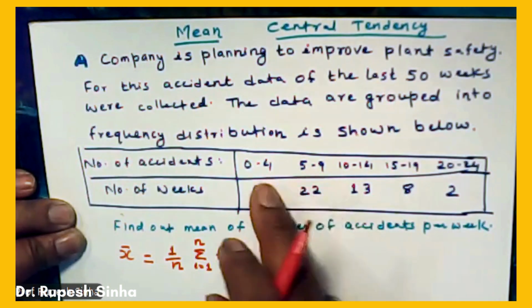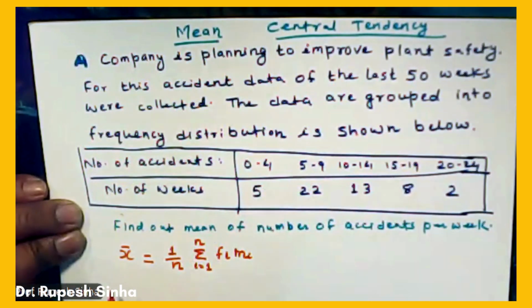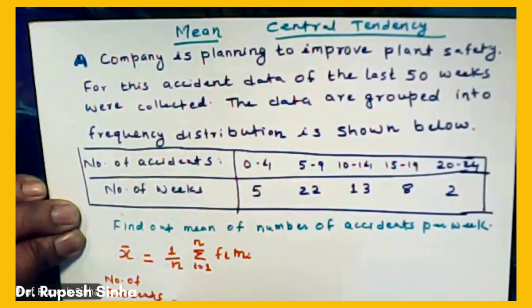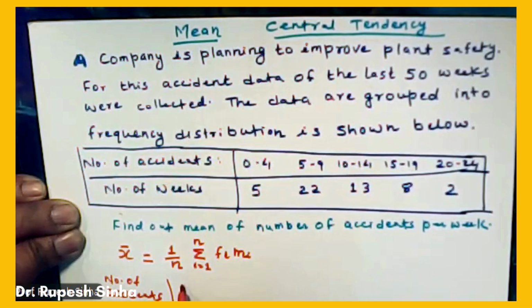So let us replicate this problem into another table. So I'm going to write here number of accidents. Then I'm going to write mid value. Mid value is nothing but xi. Then number of weeks, which is given already.